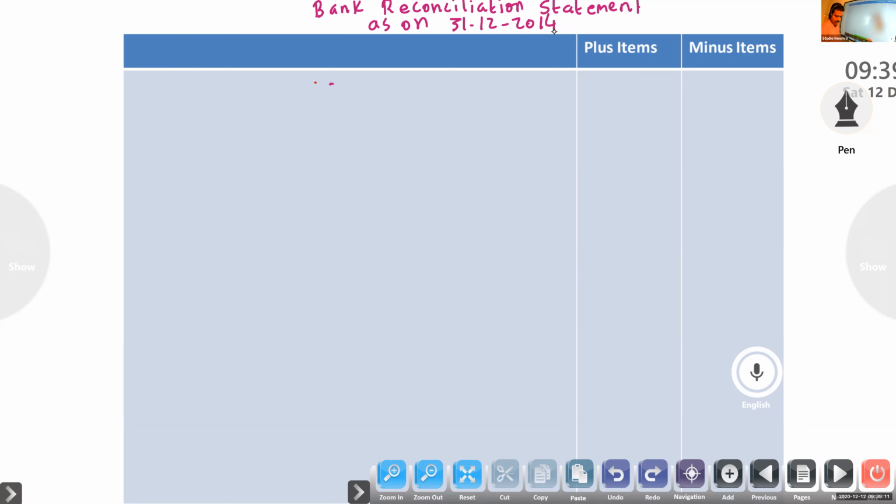Cash book showed an overdraft balance. So, overdraft balance as per cash book. So it is a minus item because it is overdraft.